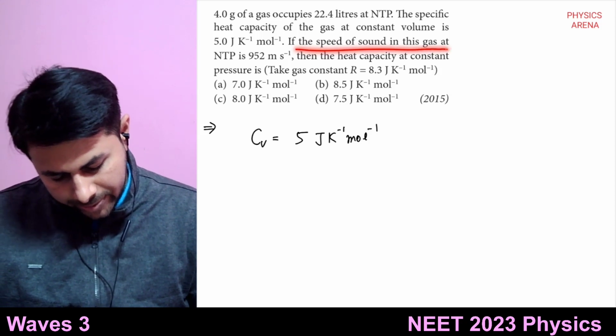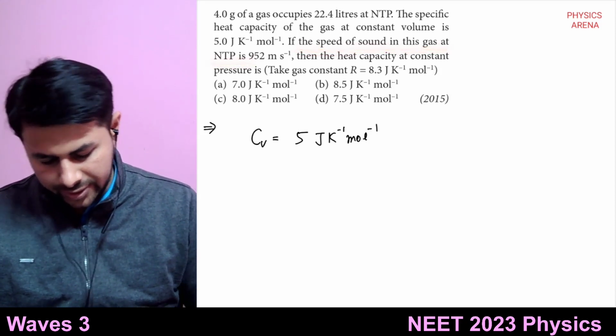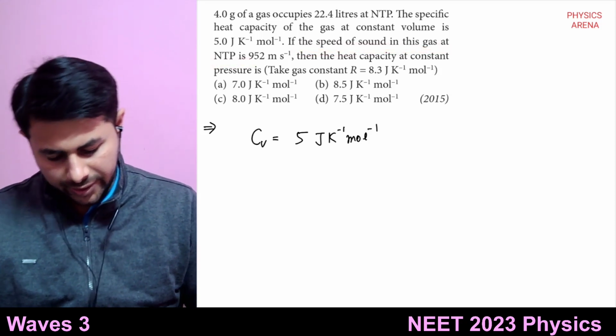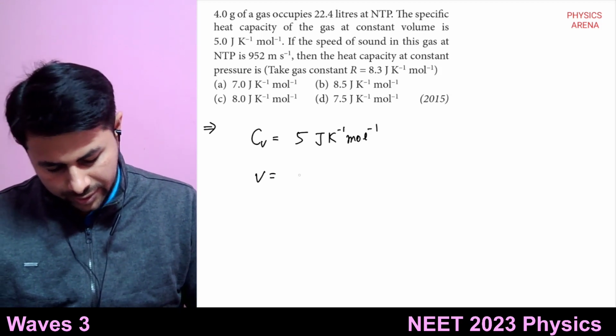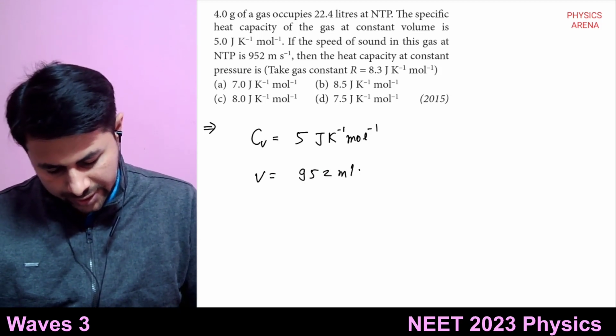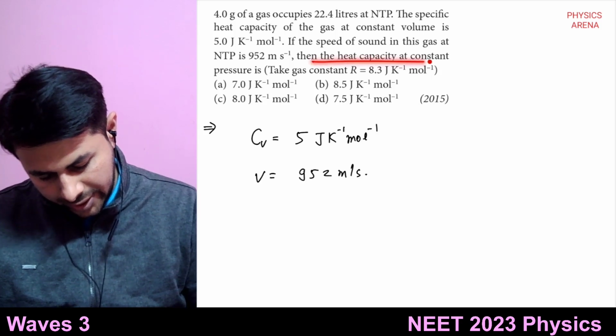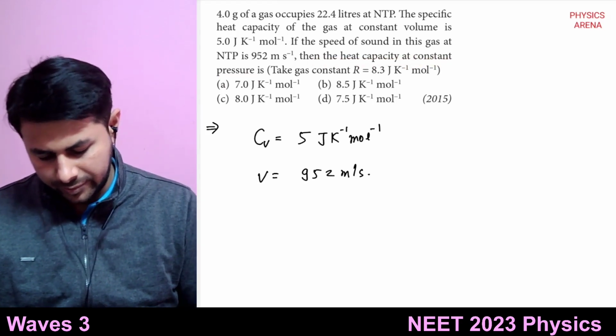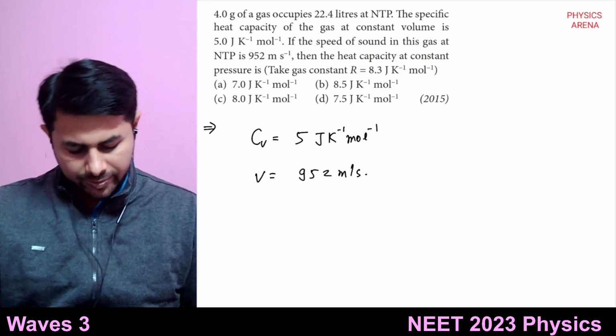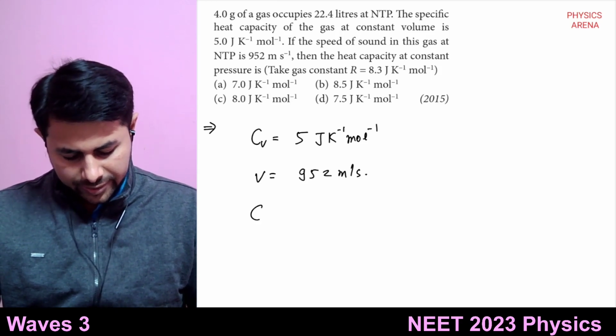If the speed of sound in the gas at NTP is 952 meters per second, then the heat capacity at constant pressure, Cp, is asked.